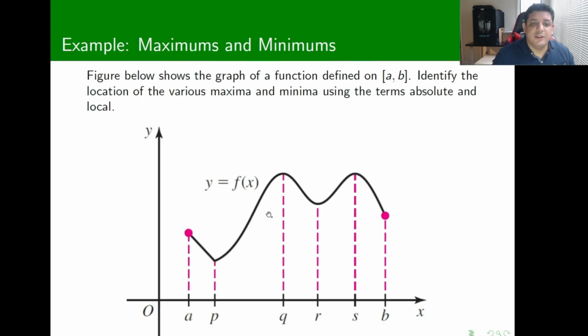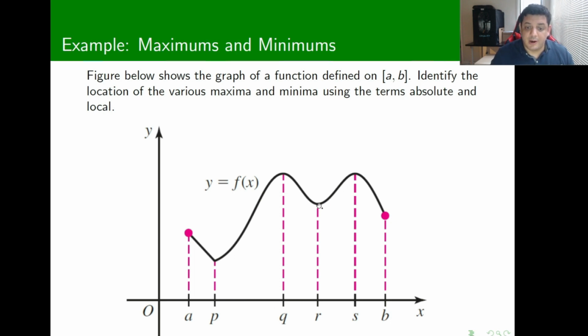Now let's check another example. The following figure shows the graph of a function defined in the interval AB. Let's identify the location of the maximums and minimums using the terms absolute and local. First, clearly we can see that this point P can be a local minimum.